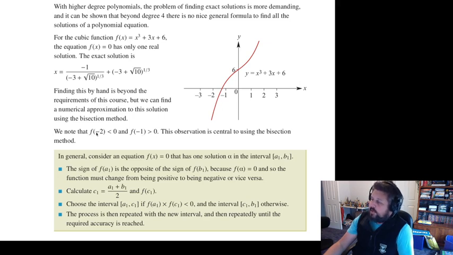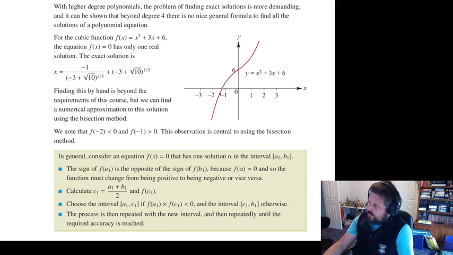At f of negative 2, you can see here the solution is less than 0. Yep. So it's a negative value. Is everyone cool with that, I hope? Let's try another whole number that we can easily see. When you substitute in f of negative 1, we can clearly see that the solution is greater than 0. It's a positive value. Yep.